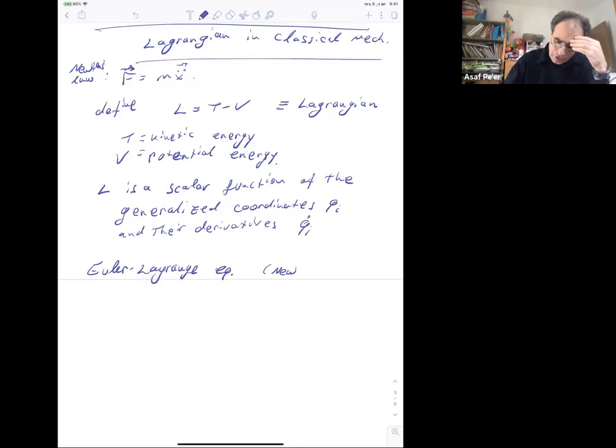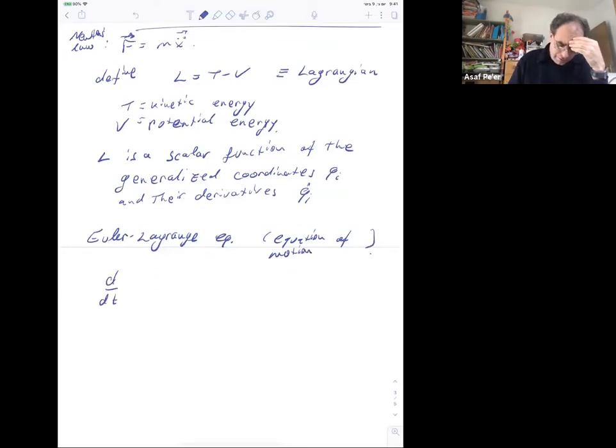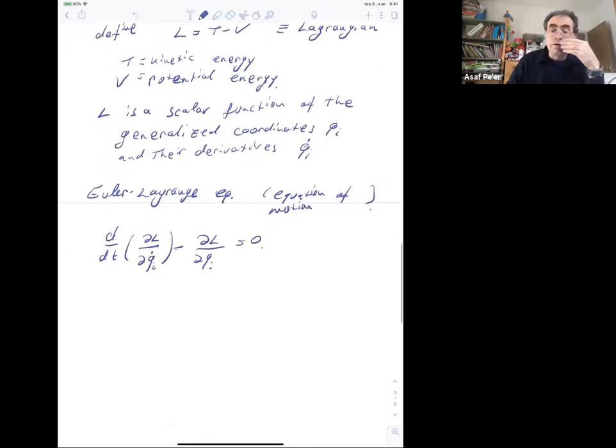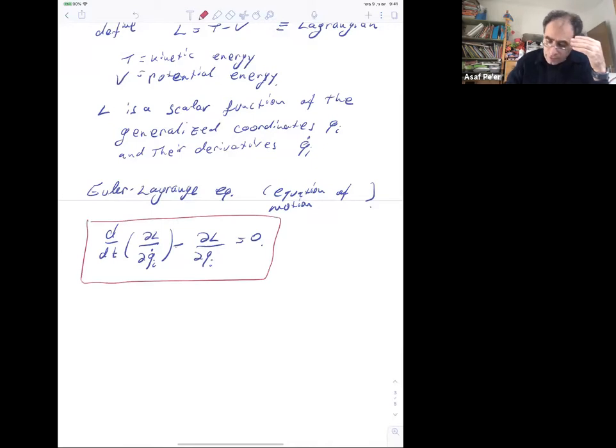Or simply, the equation of motion: d over dt of the partial derivative of L with respect to q_i dot, minus the partial derivative of L with respect to q_i, no dot, is equal to 0. Right? This is the Euler-Lagrange equation. I'm not telling you any news here, right? You've all seen that, so you know what I'm talking about.